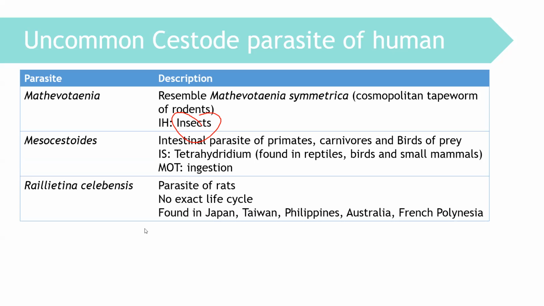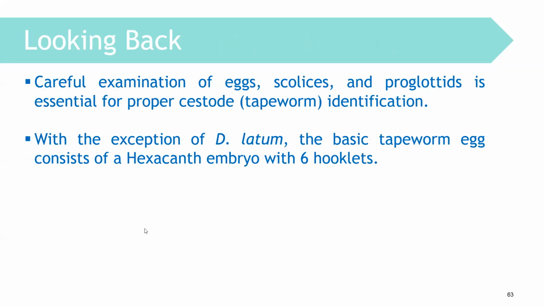Mode of transmission is ingestion of the larvae, the tetrathyridium, that can be found in intermediate hosts such as reptiles, birds, and small mammals. We also have Raillietina sp., a parasite of rats, wherein there is no exact life cycle, found in Japan, Taiwan, Philippines, Australia, and French Polynesia.